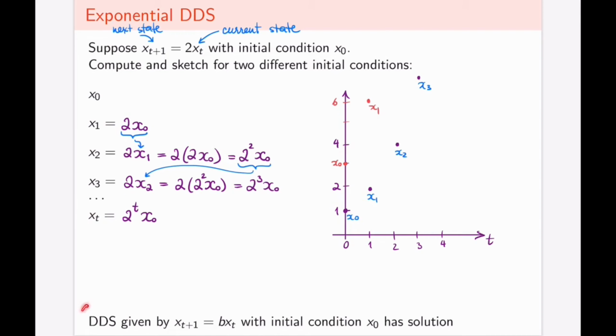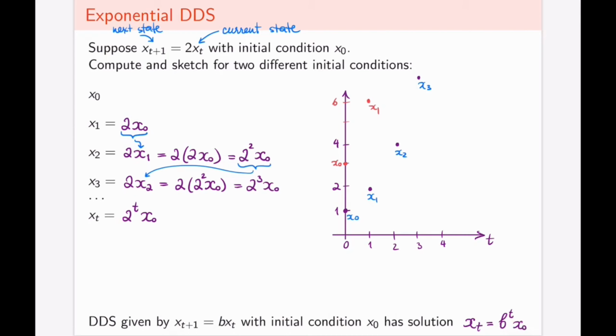We can summarize all of our findings with this particular statement: the discrete dynamical system given by this general rule, where in the example above b is equal to 2, if I have an initial condition x naught, then the overall solution, which means an explicit formula for x sub t given only the value of x naught, is my factor b up front here to the power of t, corresponding to the number of steps I had to take, times x naught.